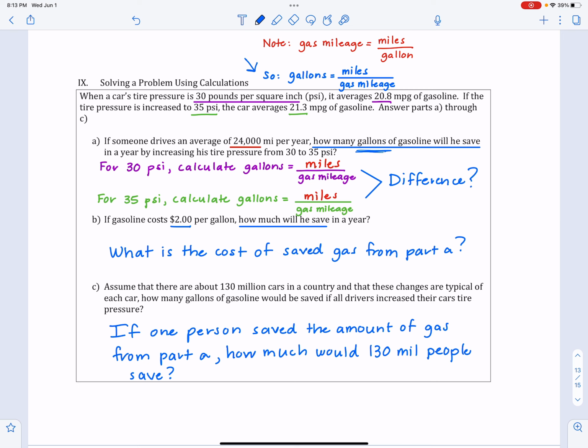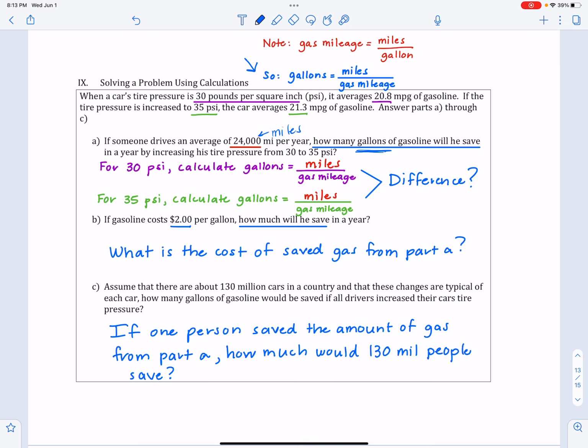All right, so I read through the problem here. I focused in on all the important information. We're looking at the tire pressure and the miles per gallon. So part A says if someone drives 24,000 miles, right? So this is a number of miles.